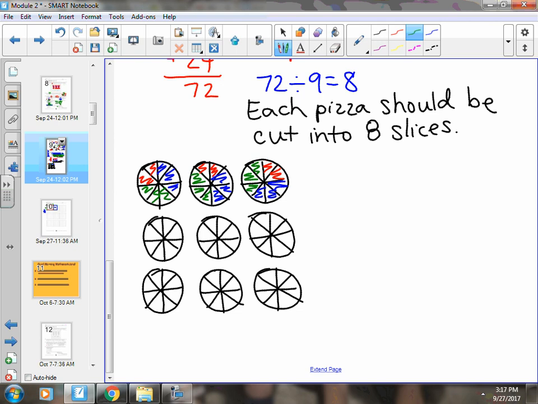So if this is 8 kids, that's another 8 kids, that's another 8 kids, and you can see that, yes, indeed, we would have enough for all 24 kids.